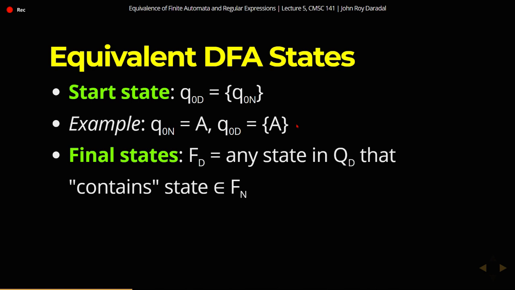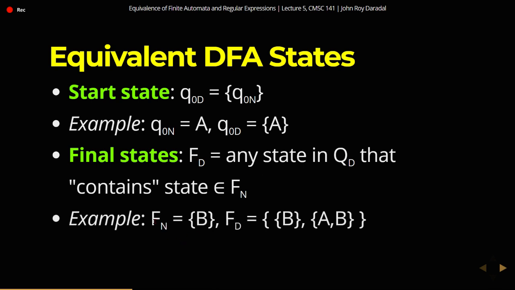Now for the final states, F sub D, it would be any state in the DFA that contains a state in the original final states in the NFA. So for example, if before in the NFA there's only one final state B, then maybe in your DFA, the final states would be something like B and AB, because these are the states that contain the final state B. So there's B here, there's B here.